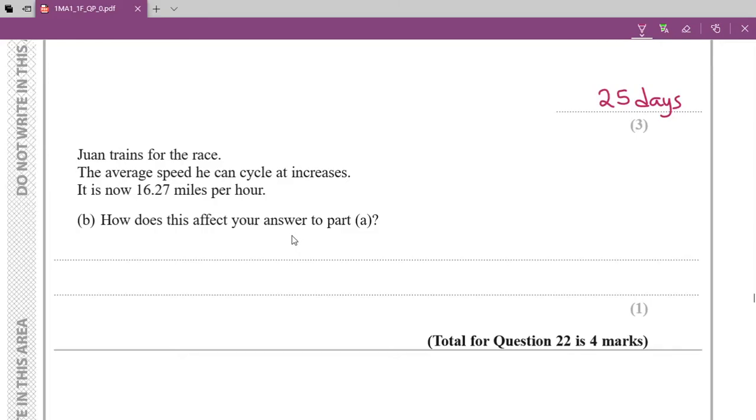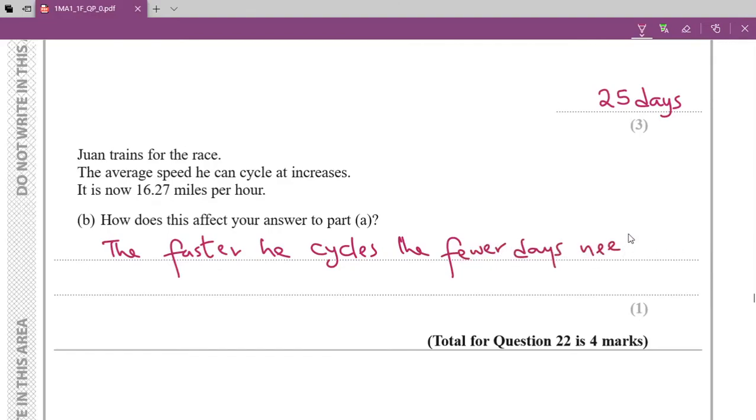The first part is to consider that the faster he cycles, the fewer days needed.